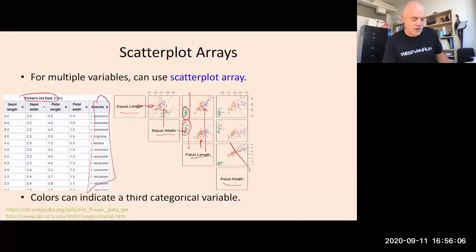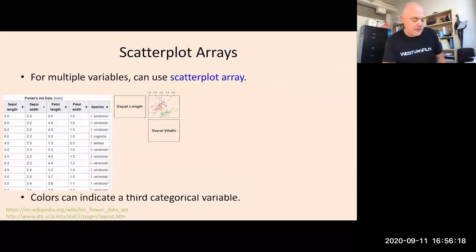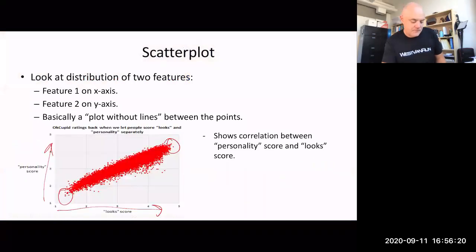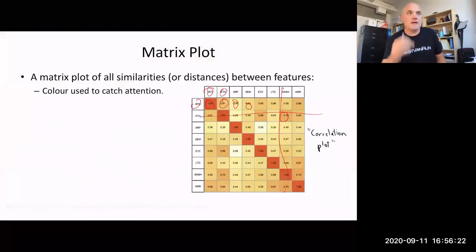No, not really. The scatter plot array is just feature versus feature, right? And the correlation plot is computing the correlation between one feature column and another feature column.